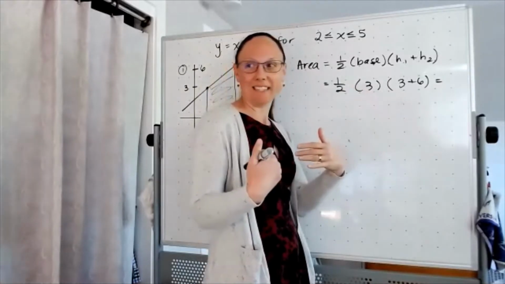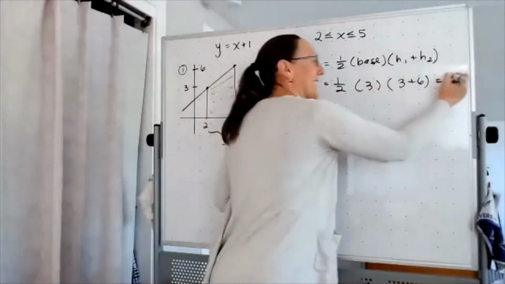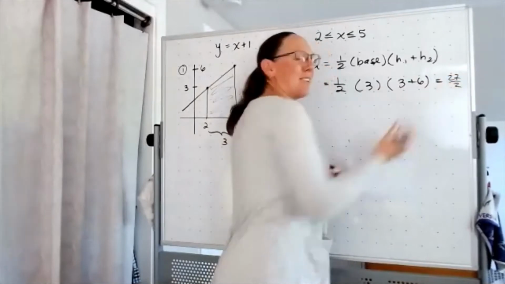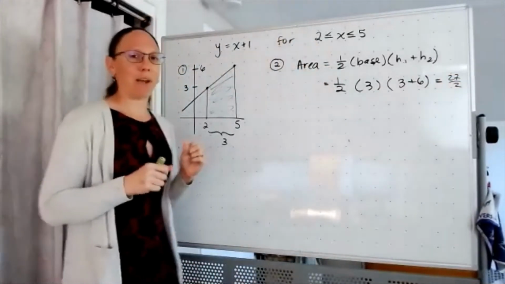How am I doing? Better? 27 over 2. You know, mathing it. Okay.